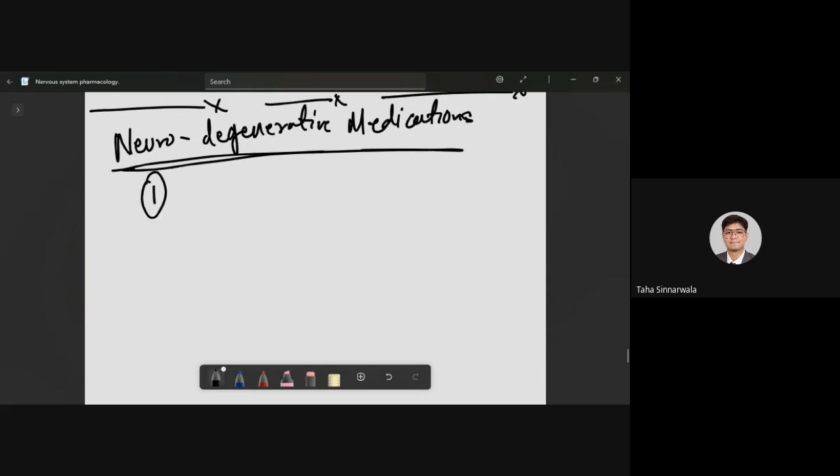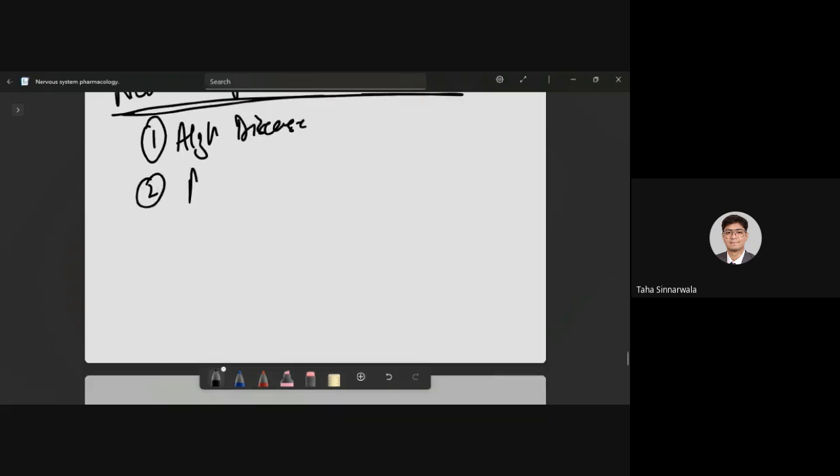The first condition is Alzheimer's disease. The second one is ALS. And the third one is Huntington's disease. So these are three conditions where a few of these medications would fit.